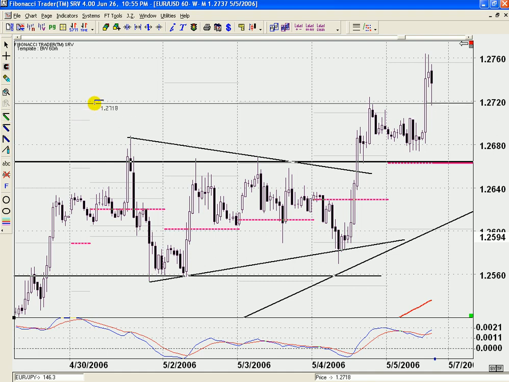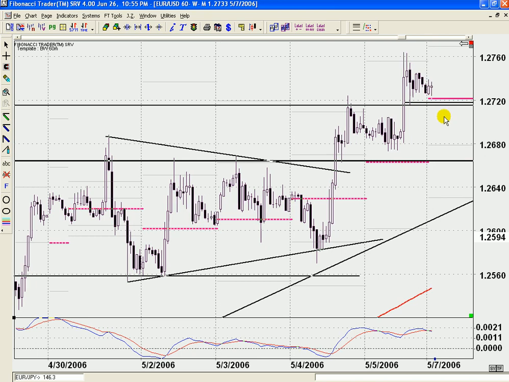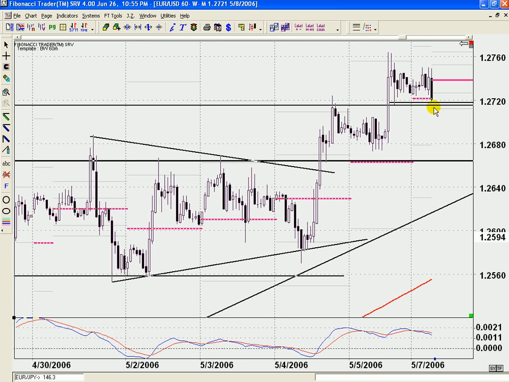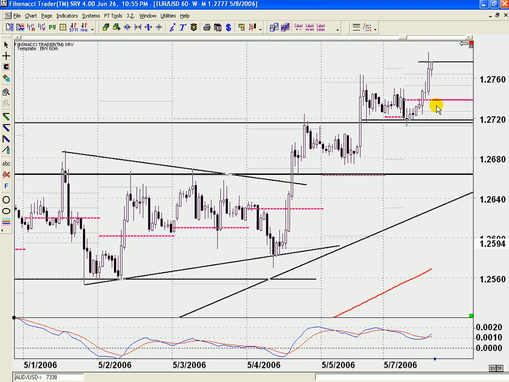Now we want to watch this level of resistance as it establishes support to the market, and we move into the weekend. As Sunday opens up, it begins a new up leg.